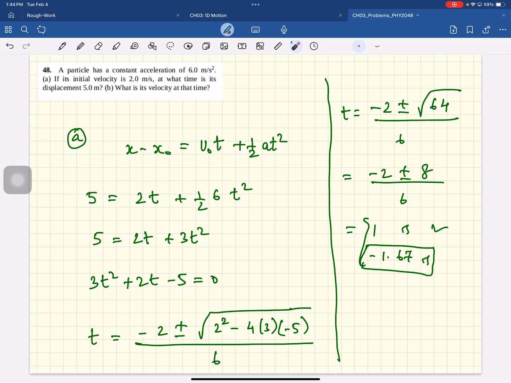And for the negative solution, see, if the initial velocity was negative 2 meters per second, it was negative 2 meters per second 1.67 seconds ago.